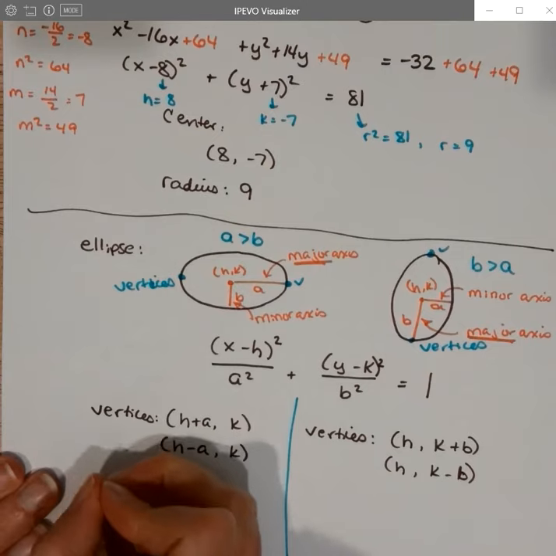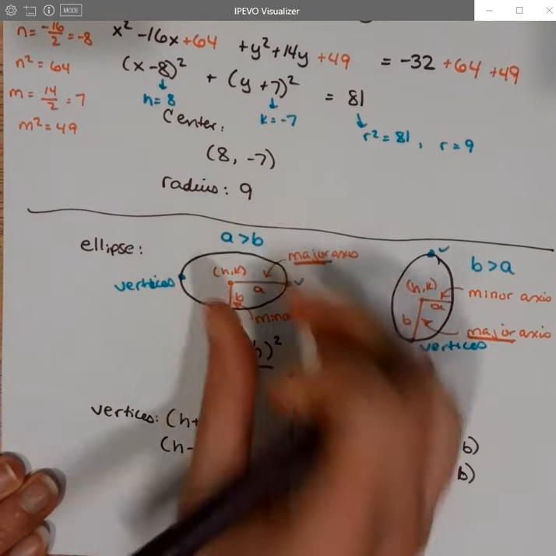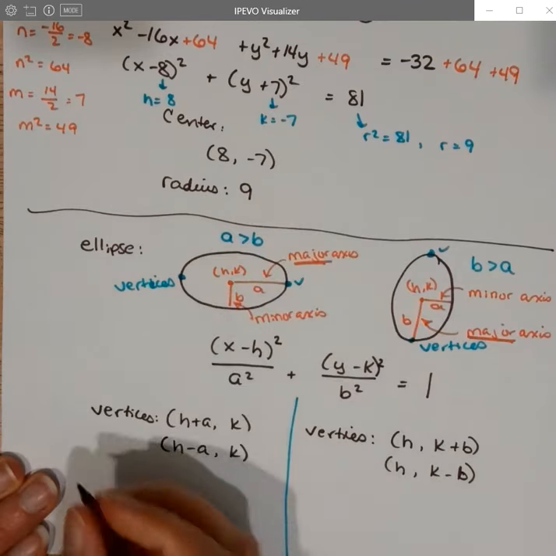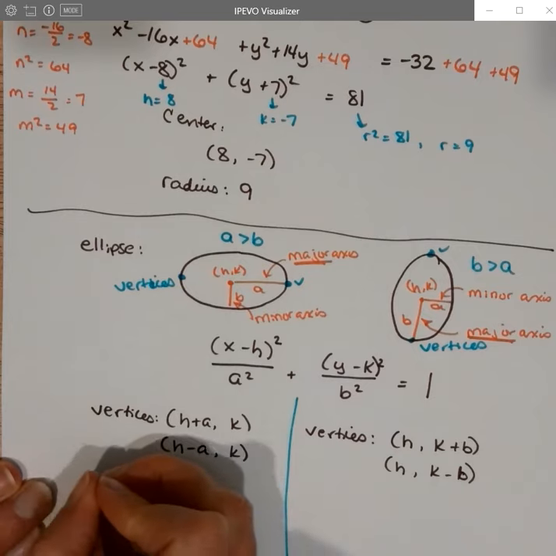The length of the minor axis is 2b, the length of the major axis is 2a. So we can talk about the length of the axes.